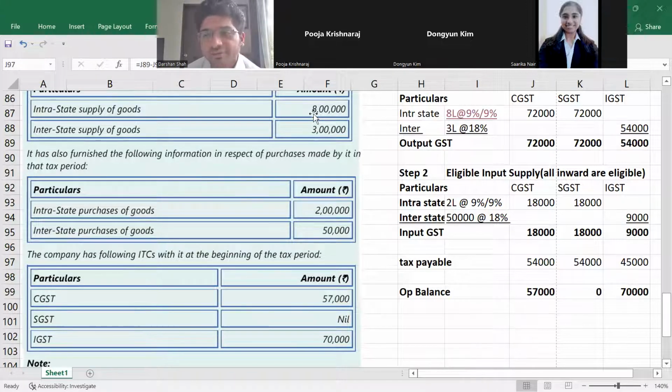After IGST, my first priority becomes payment of SGST and not CGST. In this case, here is the explanation to your doubt. I have enough balance in CGST, correct? So CGST can be paid off using the CGST balance, right? So I'll use the remaining IGST to pay off my SGST liability first.